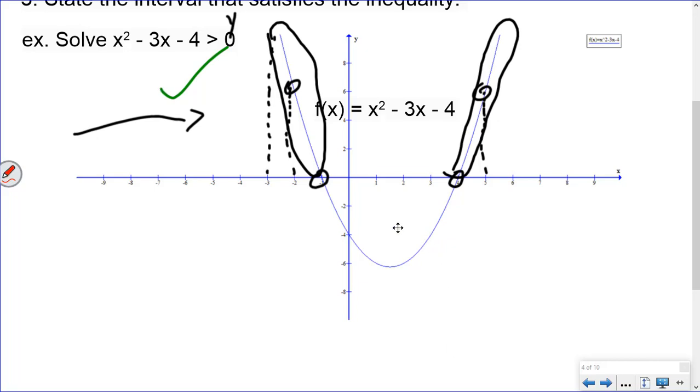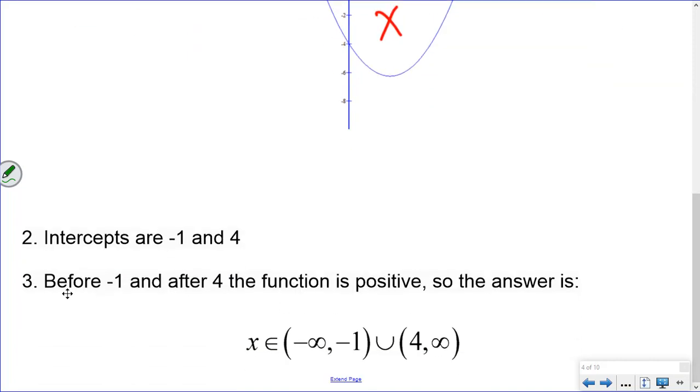Then, as soon as I pass through this x equals -1, I dip below my x-axis and I have answers that no longer work anymore because now these are less than 0, which don't satisfy this inequality that I'm trying to solve for. And then from -1 to +4, and then when I pass through +4, again, I've got answers that work. So before -1 and after 4, the function is positive.